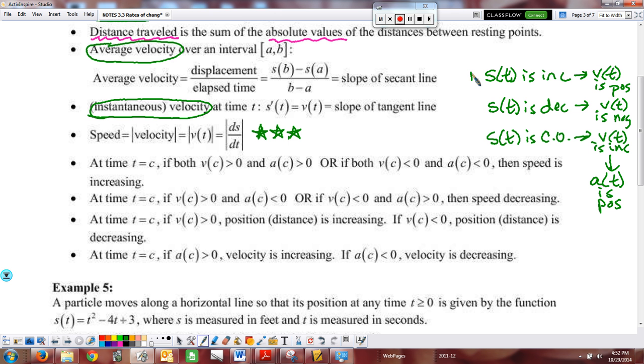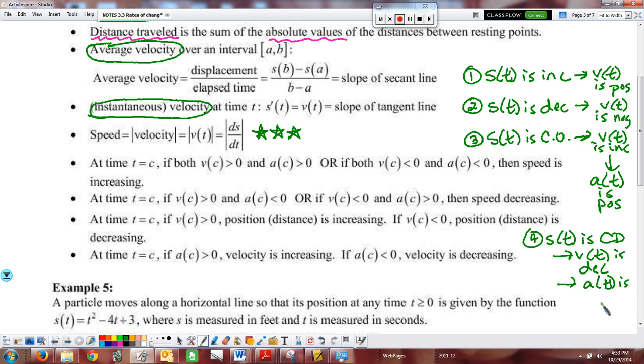So just putting some facts down that you should know. 1, 2, and 3. All right, let's put number 4 in. If your position function is concave down, that means that your velocity function is decreasing, which would mean that your acceleration function is negative. Okay?